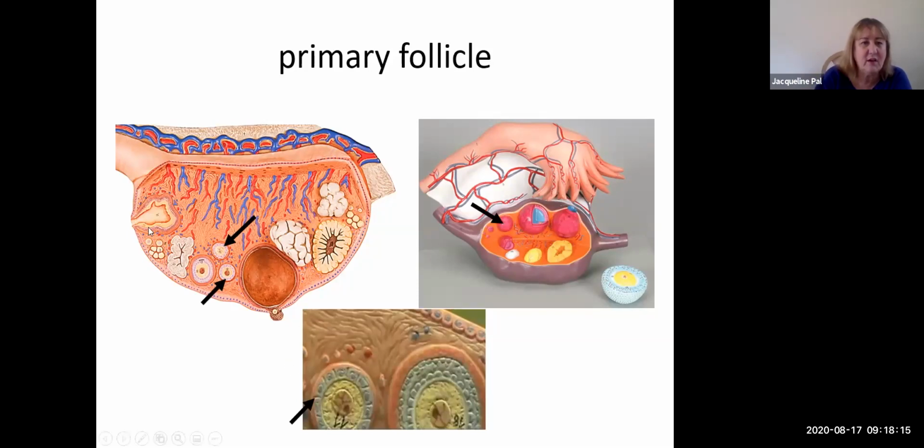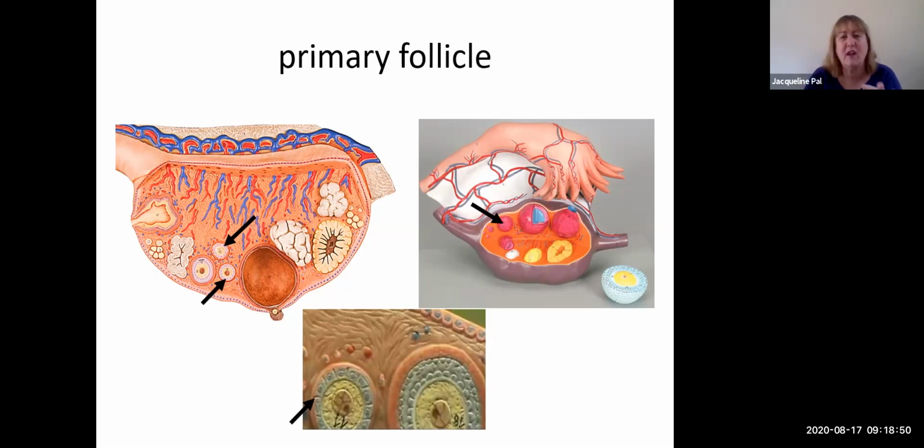If we look at this ovary on the left and up close, in this bottom picture, you can see this circular structure on the bottom left, where we have one layer of cuboidal epithelium surrounding this cell. Once you have a single layer of cuboidal epithelium instead of the very flat, inactive epithelium, we call it a primary follicle.